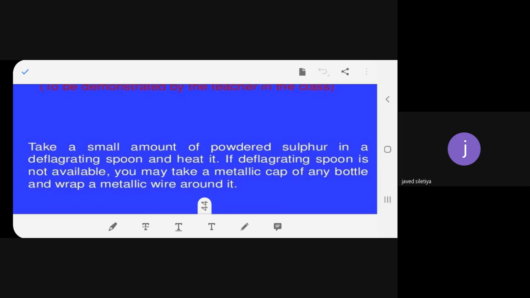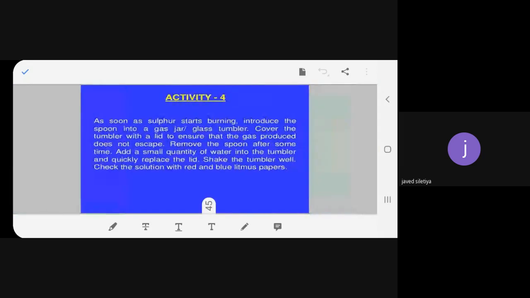If a deflagrating spoon is not available, you may take a metallic cap on any bottle and wrap metallic wire around it. So now we will be working with the sulfur powder. Take it in a deflagrating spoon and we will heat it. If you don't have the spoon, we can take any metallic cap. Let's see what happens.